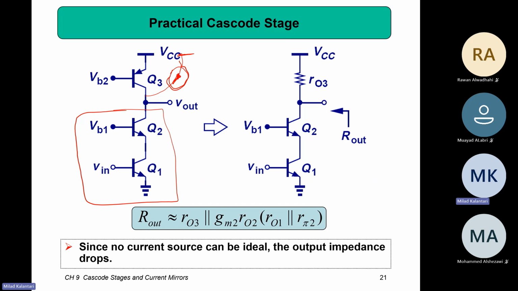For the DC, we have batteries, right? We have the battery, but we don't have any practical current source. Let's say you have something like a battery that is a current source. Do you have? We don't have, right? A battery with a resistor. What kind of resistor? You have this battery.